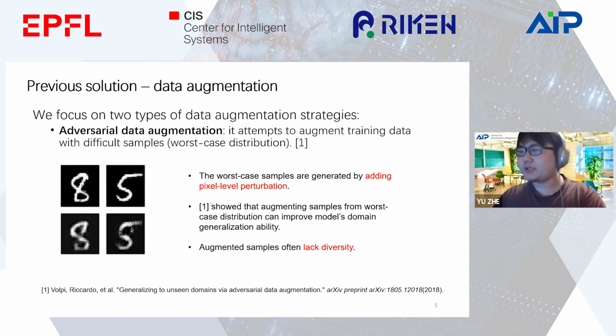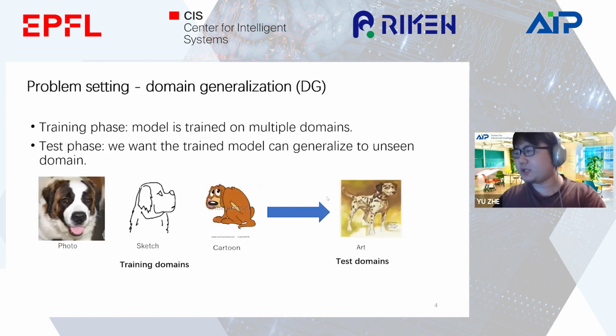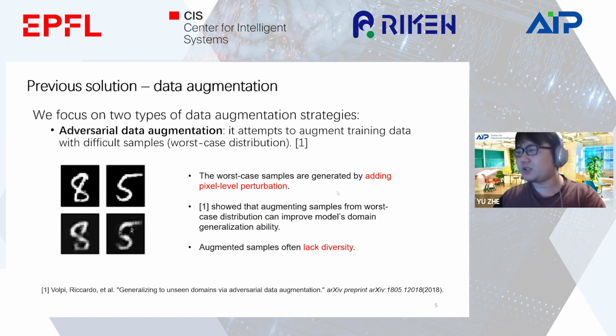Previous work shows that augmenting samples from the worst-case distributions can improve a model's domain generalization ability. However, when we consider the domain generalization task, the differences between domains are very large.